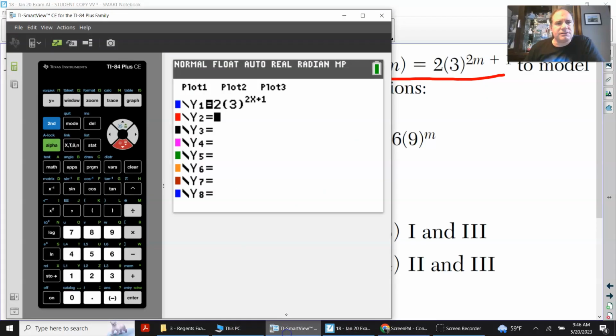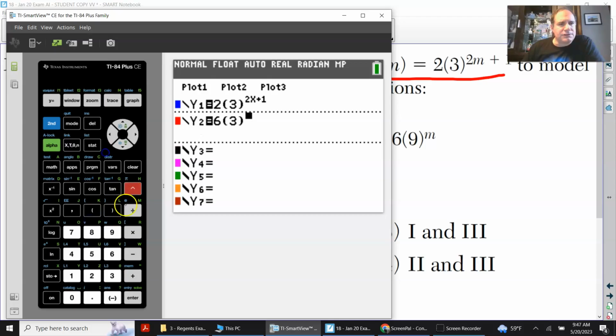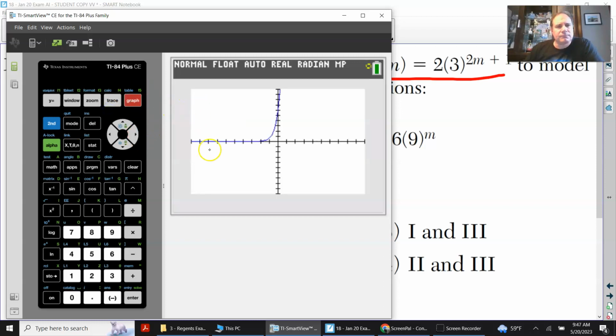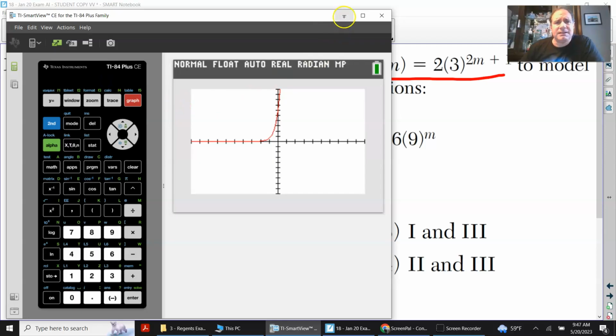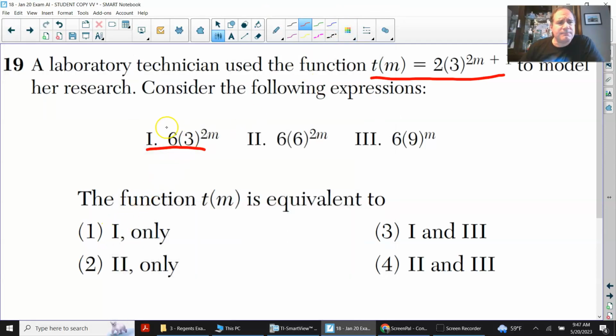So it's 6 times 3 to the 2x power. I'm going to press graph. That looks exactly the same, and I just want to make sure that it is. It looks the same. It is the same. The tables are the same, so 1 must be the answer.